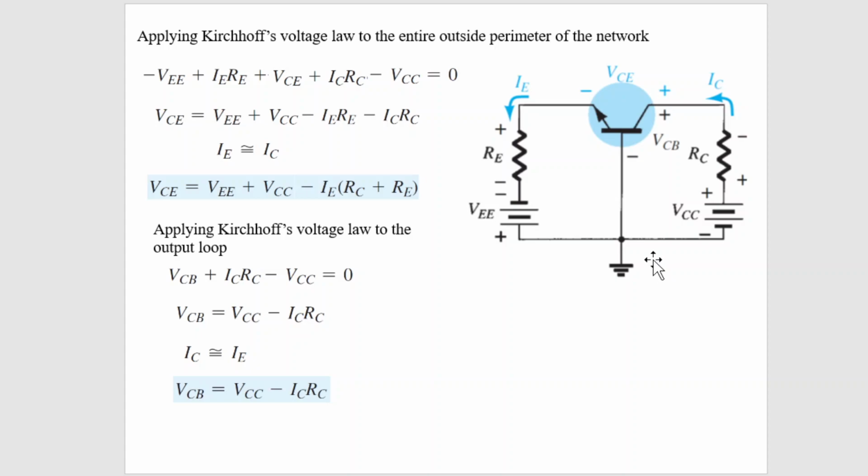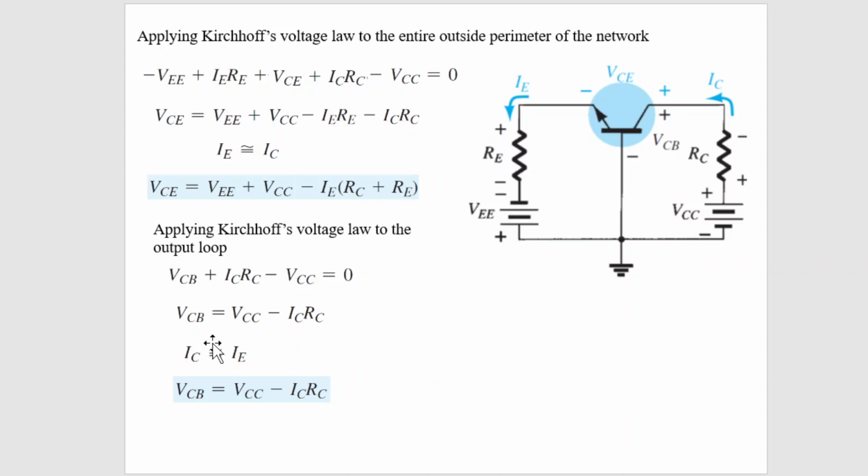Similarly, if you want to find out the collector base voltage, we can apply Kirchhoff voltage law in the second loop, the collector base loop. If we start from here, plus VCB minus VCC plus IC into RC is equal to 0.